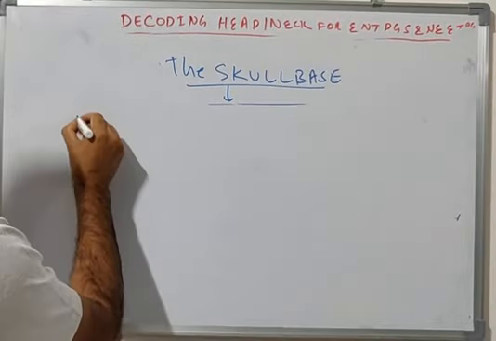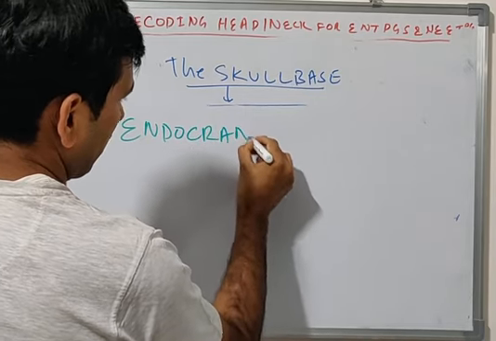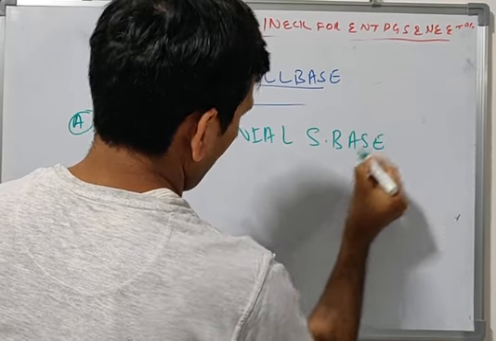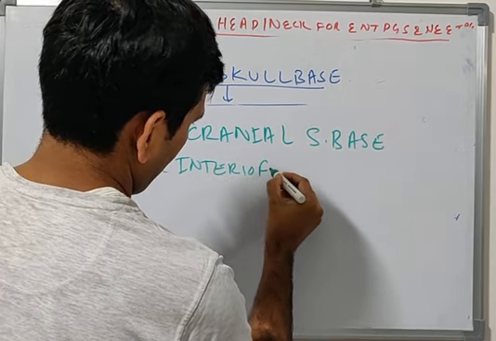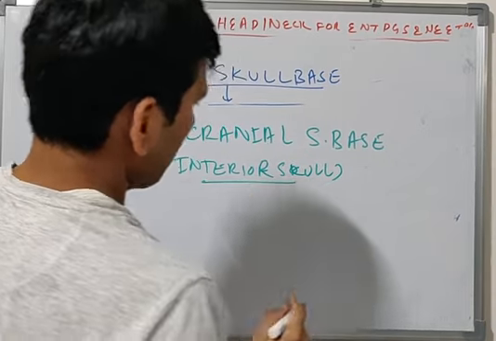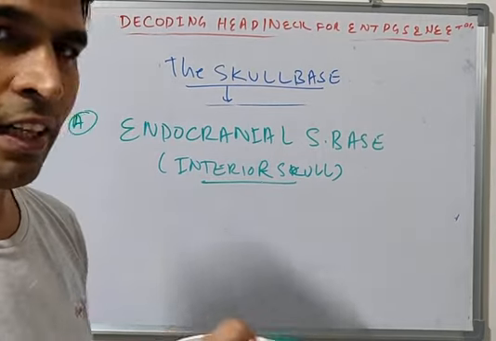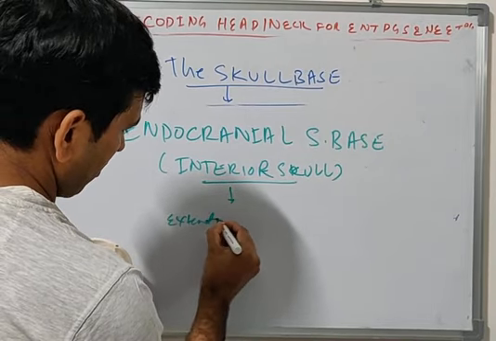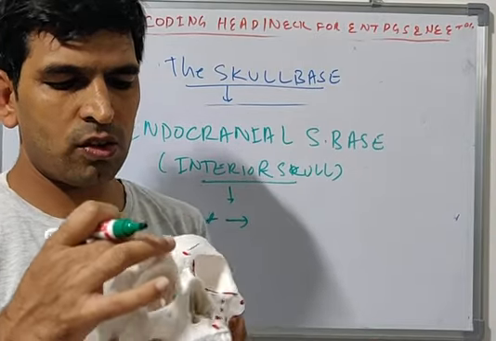Now we will talk about the endocranial skull base, or you may say the anterior skull. This interior of the skull extends from the posterior table of the frontal sinus. Here you can see this is the frontal sinus.